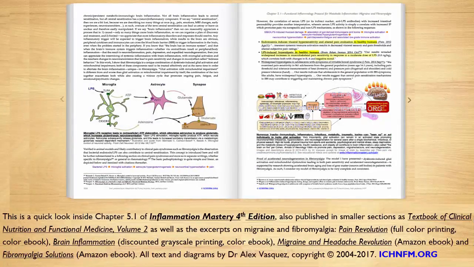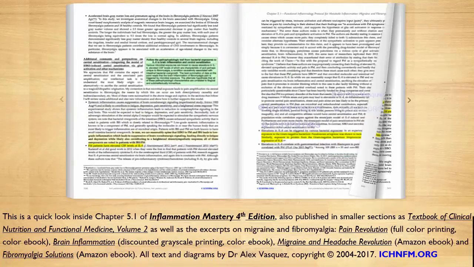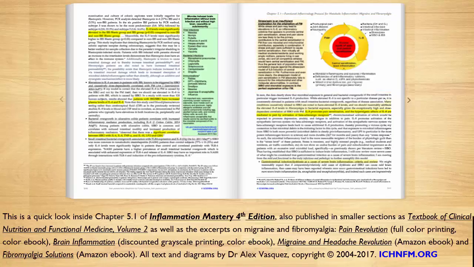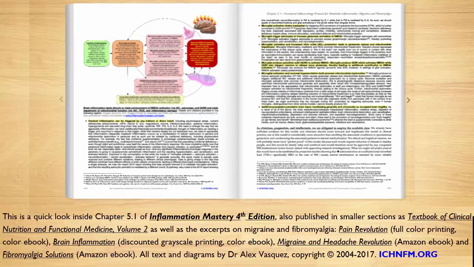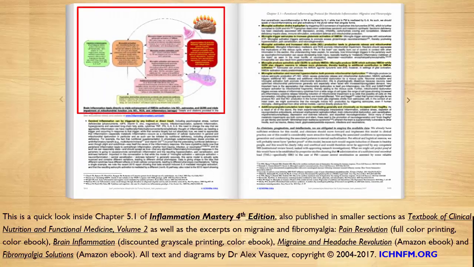Here, for example, I provide a graphic representation of several different contributors to acute and chronic neuroinflammation. Additional diagrams here, in this case, showing a vicious cycle of pain and central sensitization, and again here, another diagram showing different contributors to neuroinflammation, again including mitochondrial impairment.